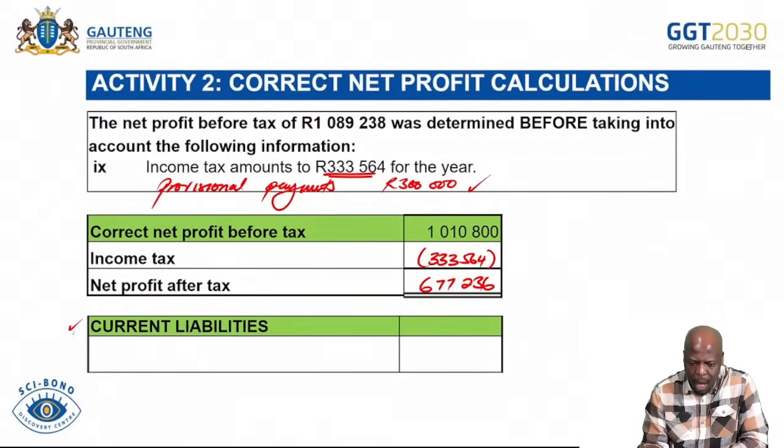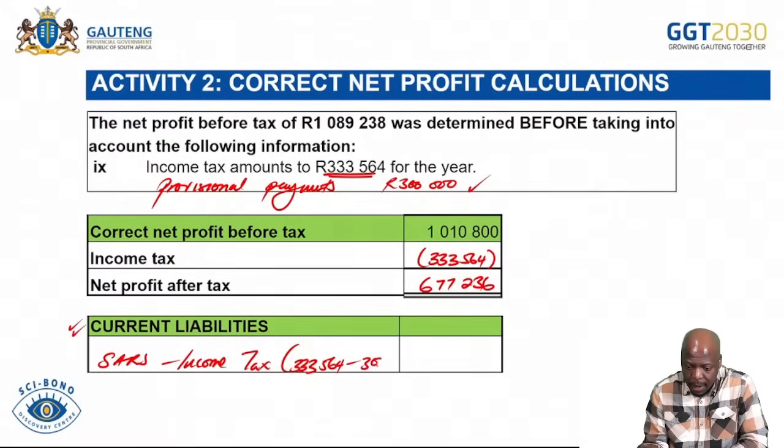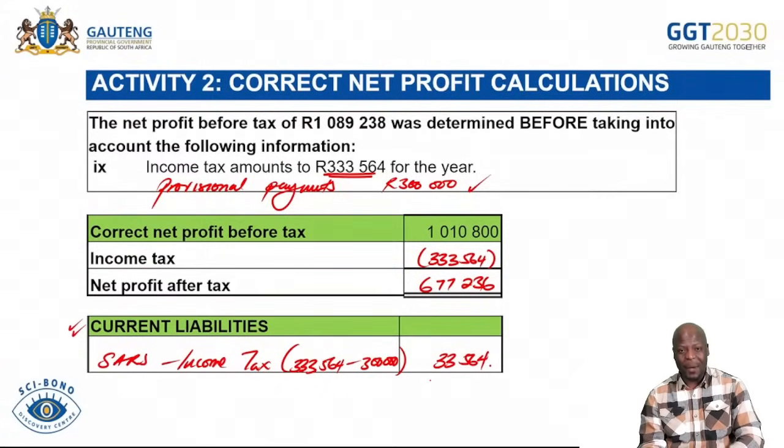So hence you see I already have my current liabilities. So I'll come here and say SARS income tax, and then I'll open my bracket, which is my 333,564 minus my 300,000, and that will give me my 33,564. Are we good? All right.